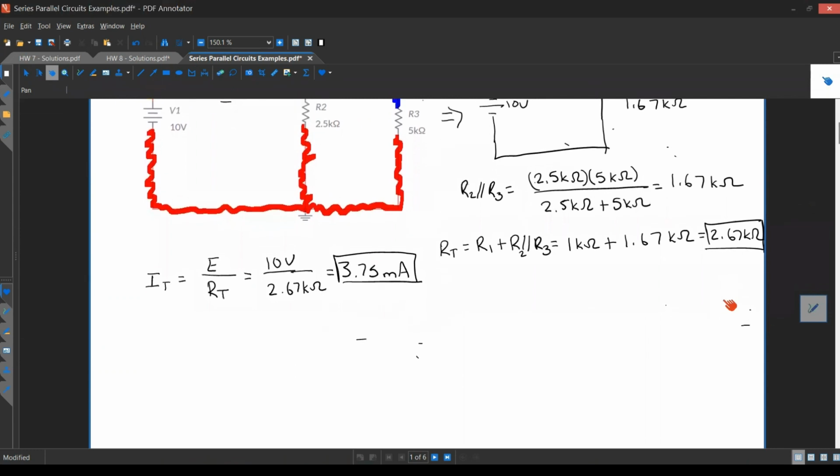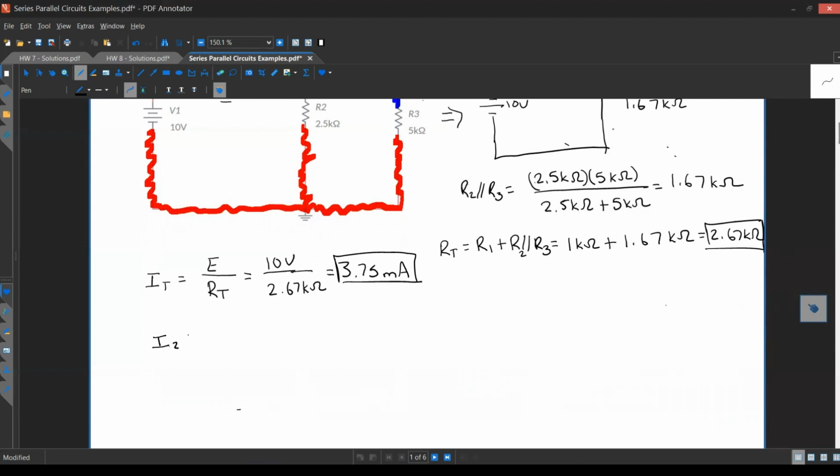There are two ways to do a current divider, but I'm going to use this way right here since we already know the total of the parallel combination. All right, so let's see. I'm solving for I2 first.